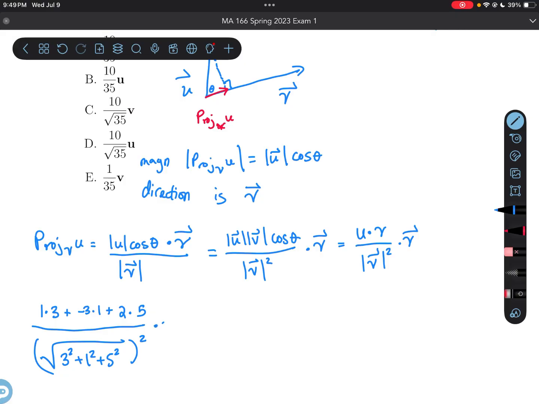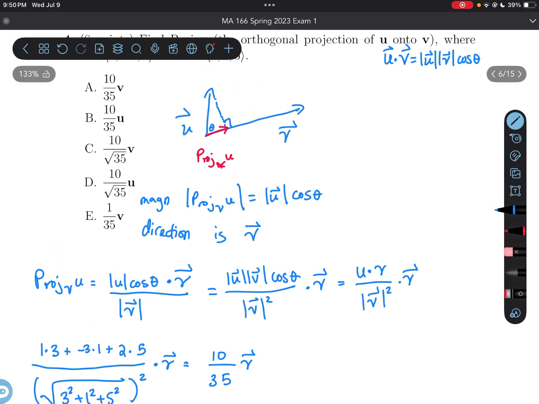And then that's all multiplied by v. Okay, now if I simplify this out, I get 10 in the numerator and 9 plus 1 plus 25, which is 35, in the denominator, times v. So this is the final answer. This is the orthogonal projection of u onto v. So that means the answer for question 4 is A.